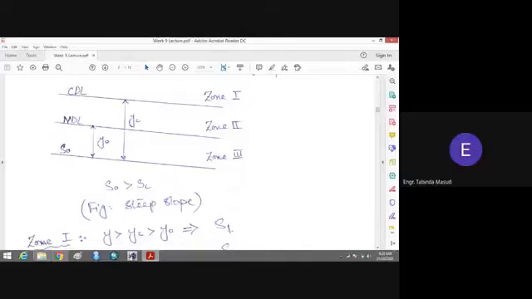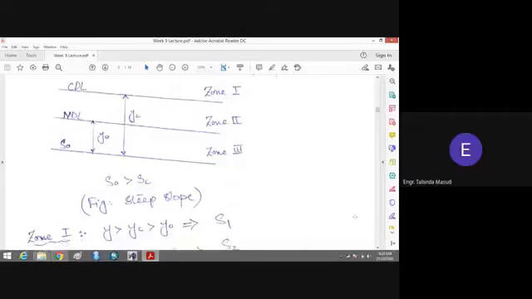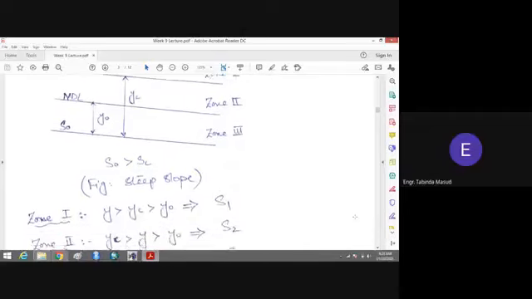Okay. Similarly, if the flow is in zone number 2, then you will say that yc is greater than y, which is greater than y naught. Here you can see yc is greater than y, which is greater than y naught. And the flow will be denoted by S2, where S stands for the steep slope and 2 stands for zone number 2.